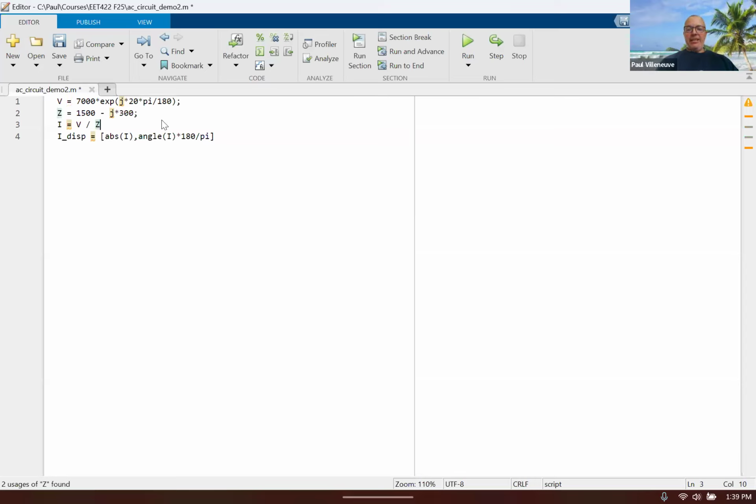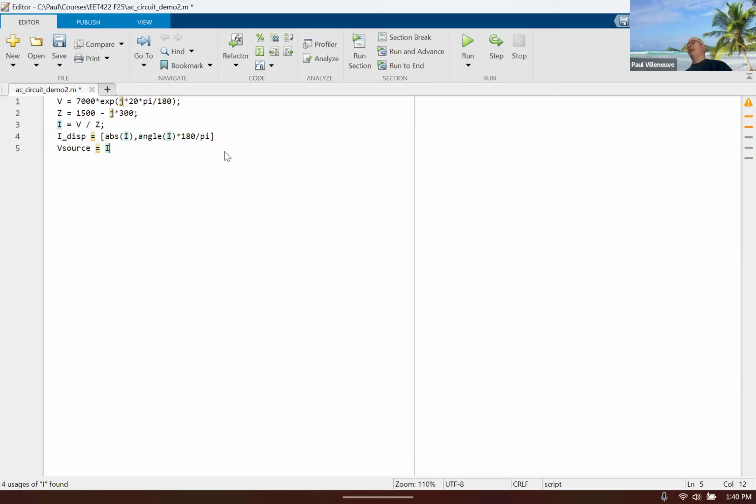So I got my I, and if I want to display my I I can, but I really don't need it. So now my V source is going to be equal to my line voltage drop, which is just going to be equal to my I. Should I multiply 100 ohms by I display or I?